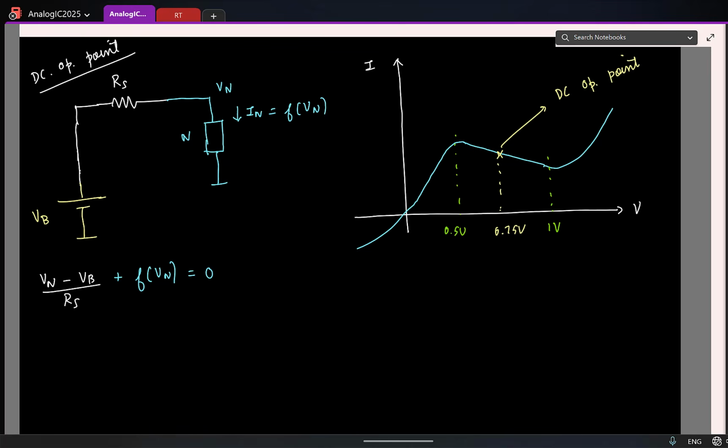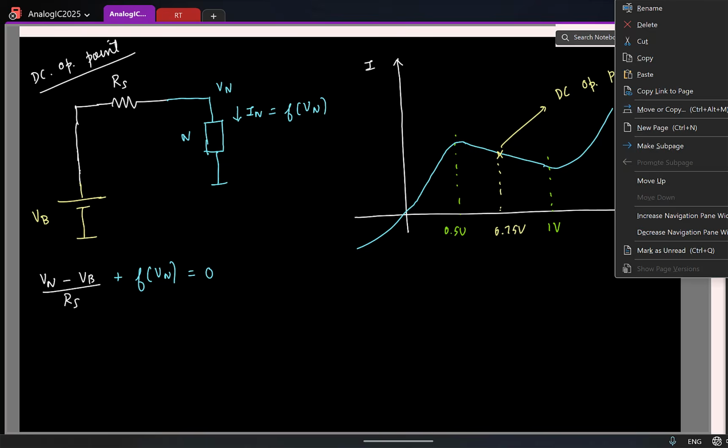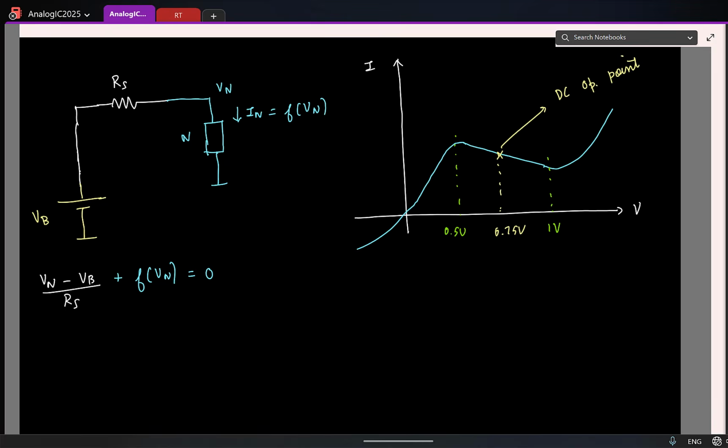Okay. Now that is not the entire story, because on top of the DC operating point, I also have the signal that I want to amplify. So you find this and then you add the signal source.